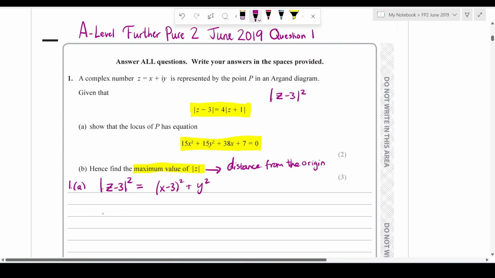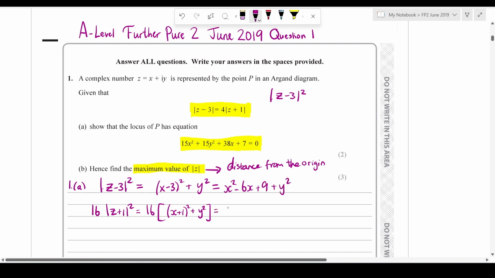And then from the other term, if I square it, I need to square the 4 as well. So I've got 16 times the modulus of z plus 1 squared. So that's 16, I've got square brackets around that, x plus 1 squared plus y squared. And we're going to set these two things equal, so it's probably worth expanding the brackets. Using the binomial theorem to do it quickly, I've got x squared minus 6x plus 9 plus y squared.